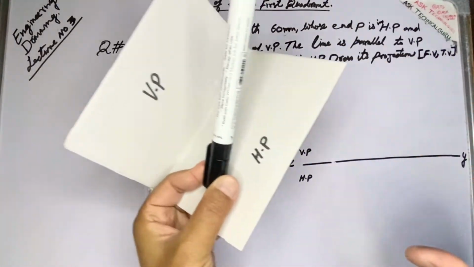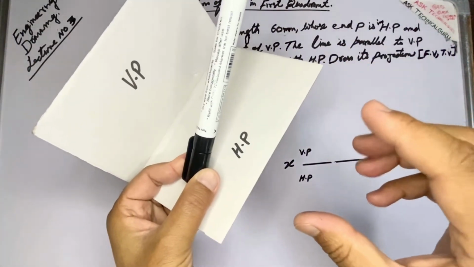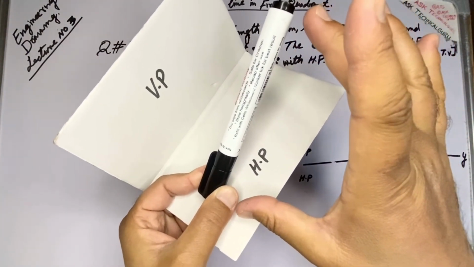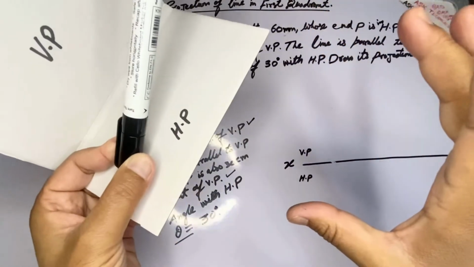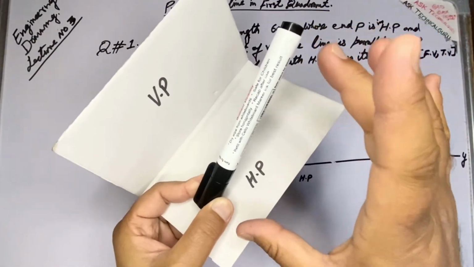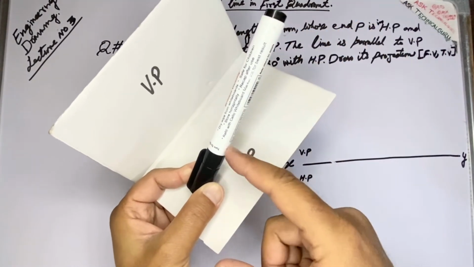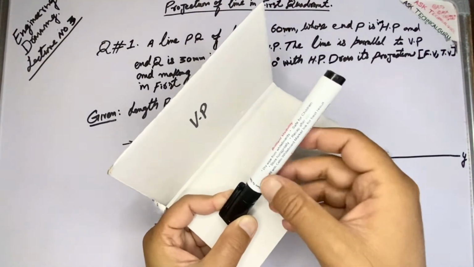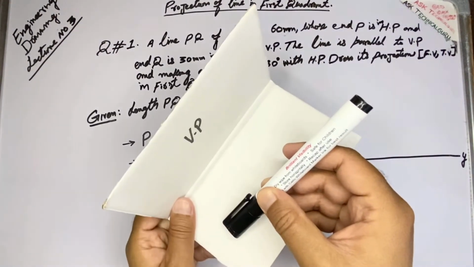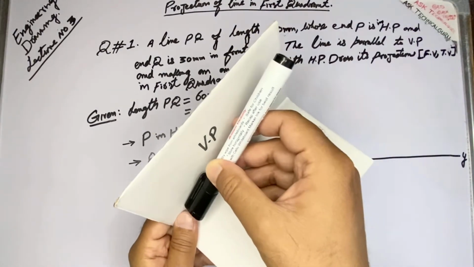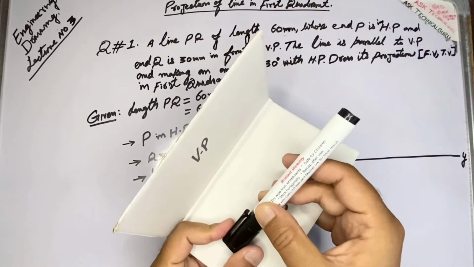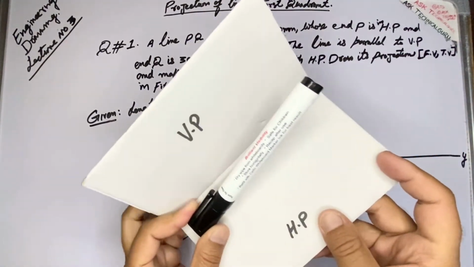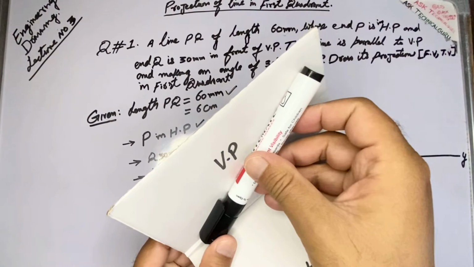When we see from here, PQ will be visible to us in original length, 60 mm, that is 6 centimeter, and this angle will be visible to us in front view. You know that the front view is always drawn on the vertical plane. When we project this line, the projections of the line will be on VP.